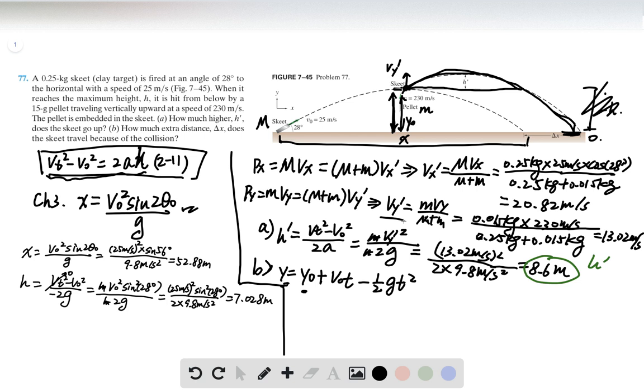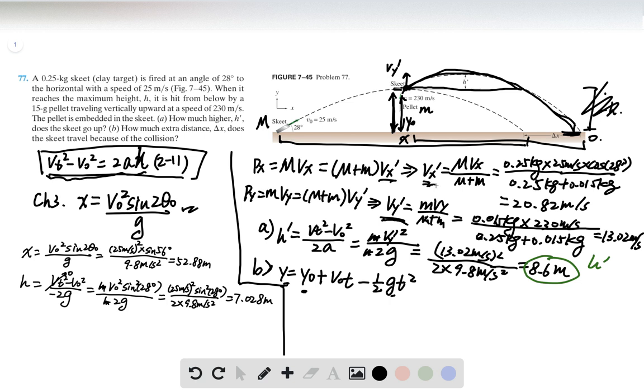We find that here, and then we have g. So from this we should be able to find t, the time. And once we find the time, we will be able to find the x distance traveled, because the x distance traveled is just time times vx prime.